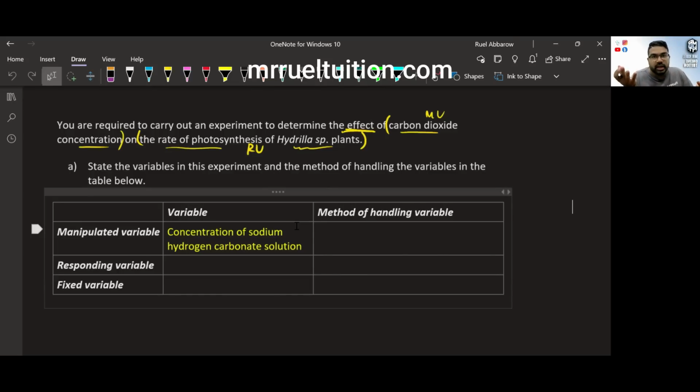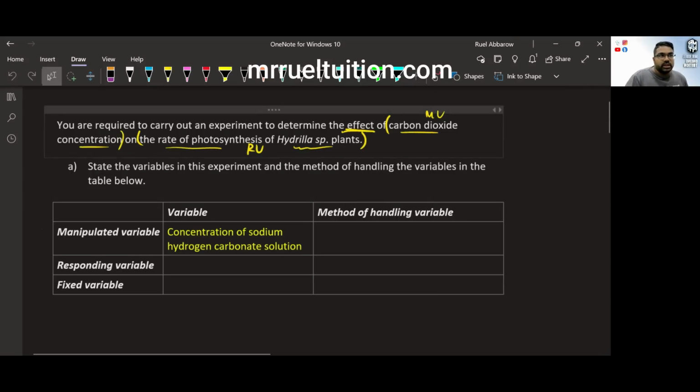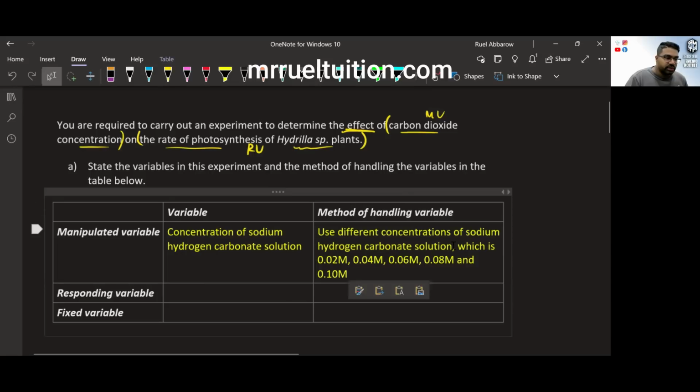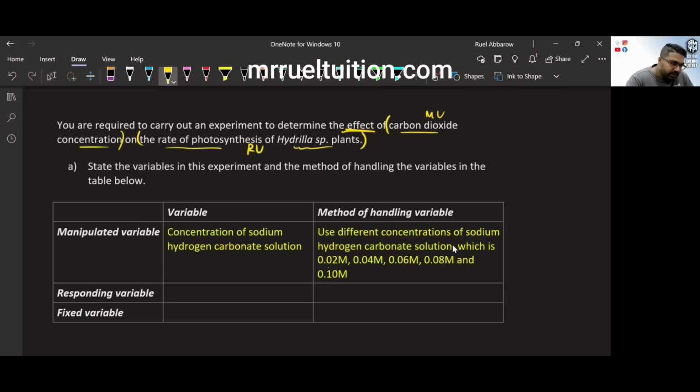How do you differentiate it? So the answer here would be to use different concentrations of sodium hydrogen carbonate solution. That's all. However, do state the specific values. So for example, 0.02, 0.04, 0.06, 0.08, and like this. Do state the specific concentrations that you're using.